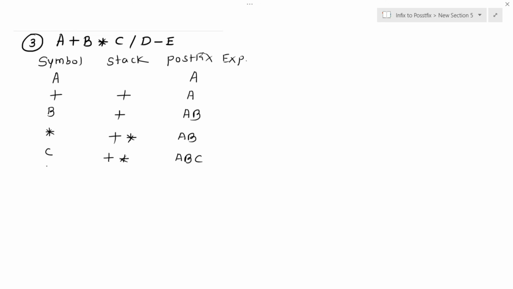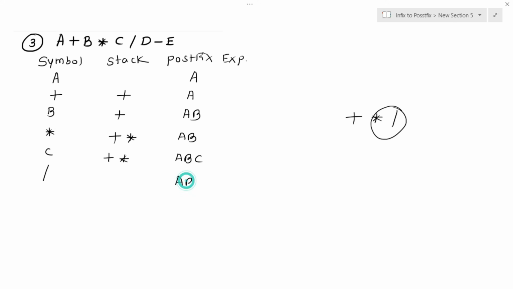Now the next symbol is division. Okay, so if we place division here, then in the stack we have plus, multiplication and division. Now multiplication and division both have the same priority, and our second rule says that no two operators of the same priority can stay together in the stack. First we have to remove multiplication.